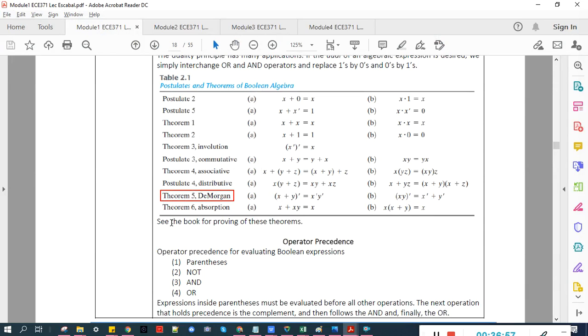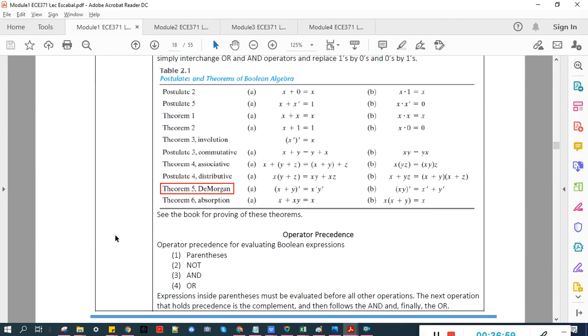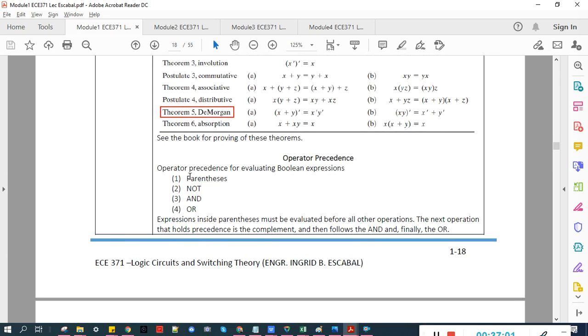See the book for proofs of these theorems. Let's now go to the operator precedence. This is about the priority or ordering of the Boolean operations.